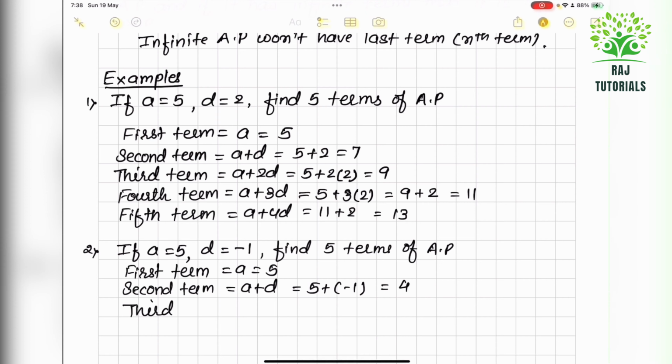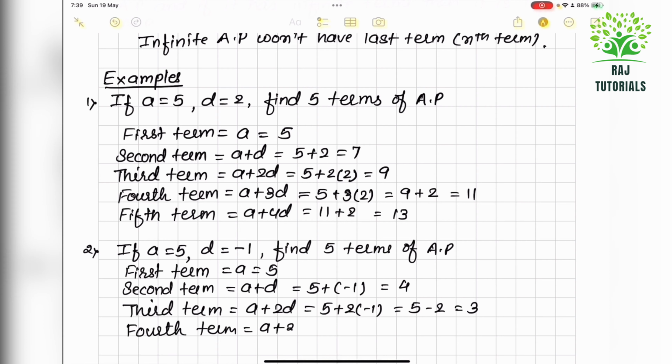Third term, A plus 2D, so 5 plus 2 into minus 1, that is 5 minus 2, 3. Fourth term, A plus 3D. So that will be 5 plus 3 into minus 1. So 5 minus 3, that is 2.